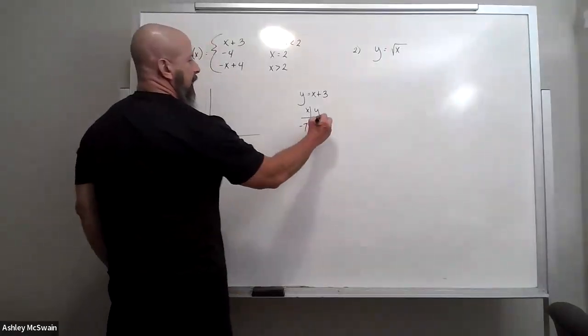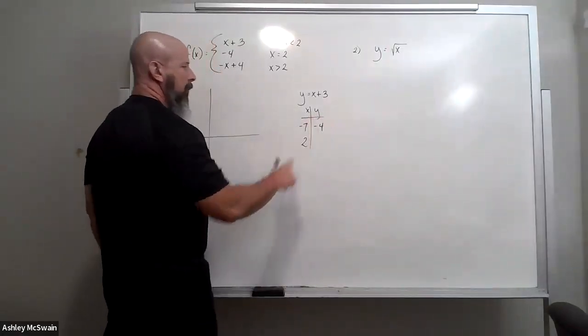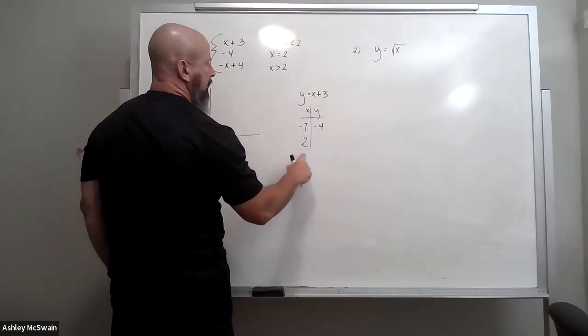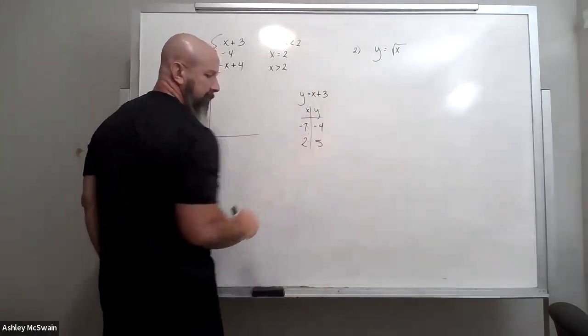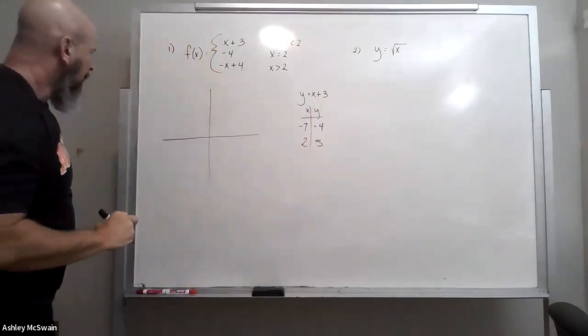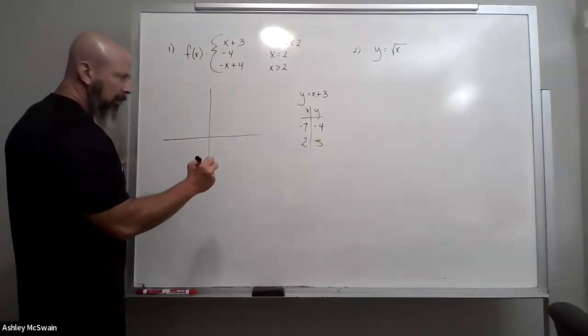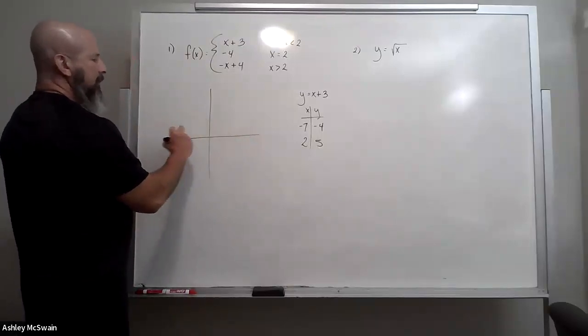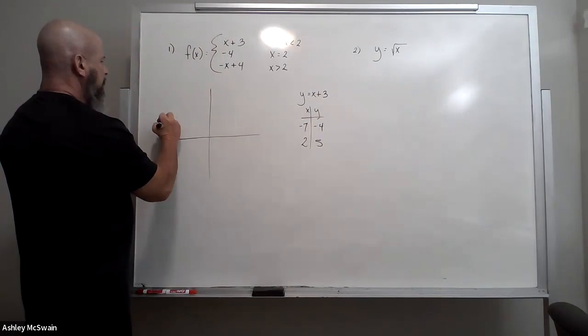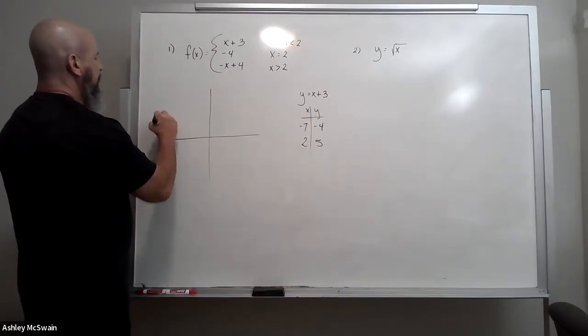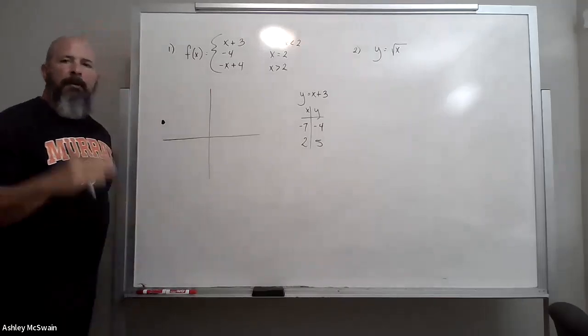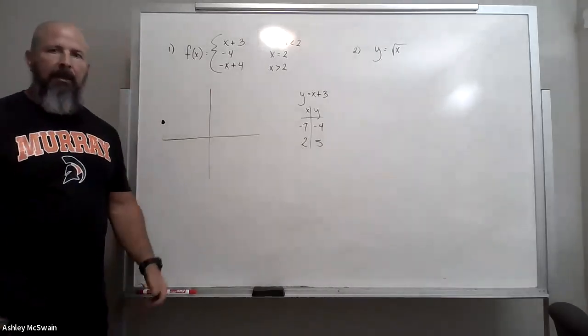And so if I put -7 in, I'll get -4, -7 plus 3. 2 plus 3 is 5. So -7, -4 is going to be about right here. As far as up on the board, I'm just going to estimate it. On your paper there, definitely much clearer.